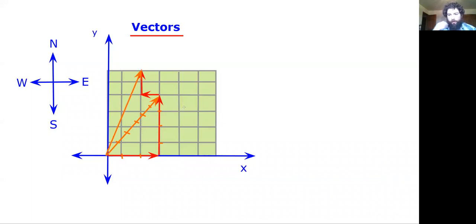What we do here is we add the first vector to the second vector, and that's our additional vector. I'll do that in another color. I'll do our final vector in a dark blue.